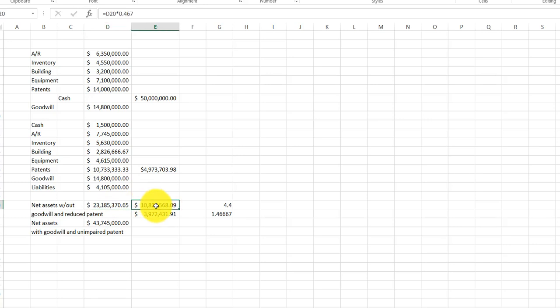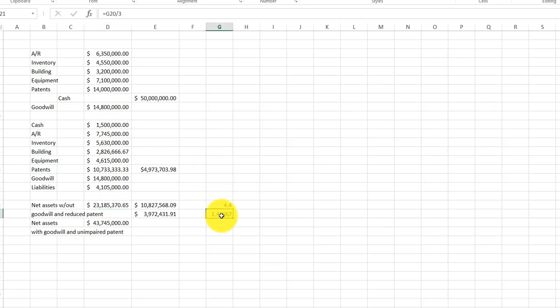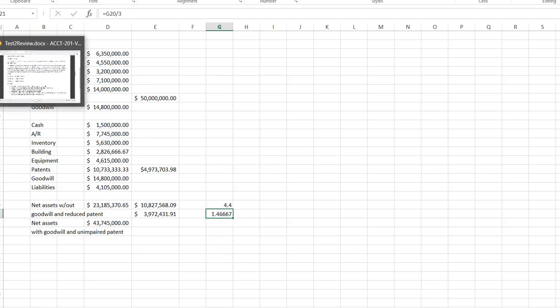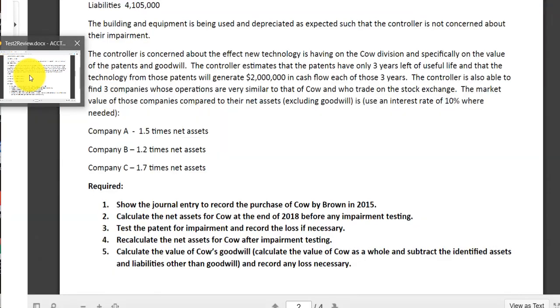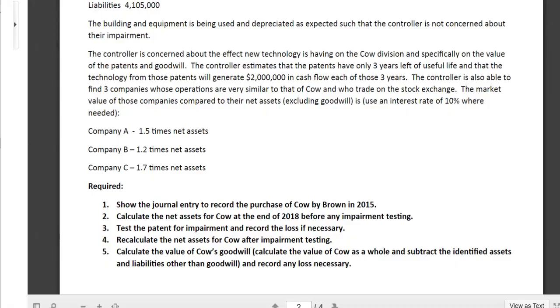Now, if we look at the three other companies, okay, and average the three companies together, we get 1.47 essentially as times their net assets. So Cow, okay, should be worth 1.47, if you will, of their net assets.